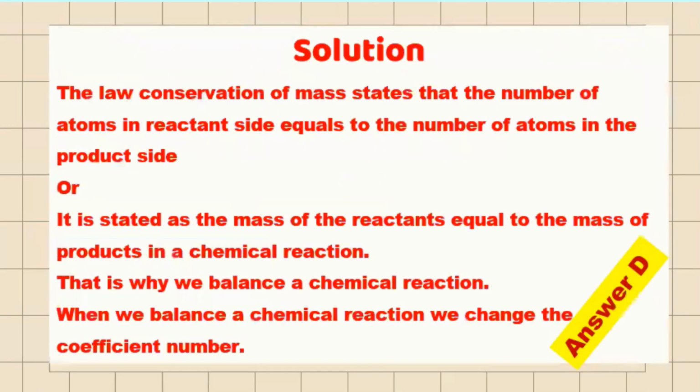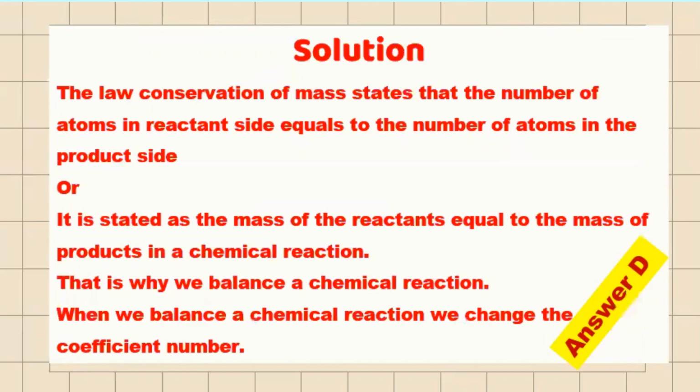Okay. Solution. The law of conservation of mass states that the number of atoms in the reactant side equals the number of atoms in the product side, or it is stated as what? The mass of the reactants equals the mass of the products in a chemical equation. That's why we balance a chemical equation, okay? When we balance a chemical reaction, we change the coefficient number.